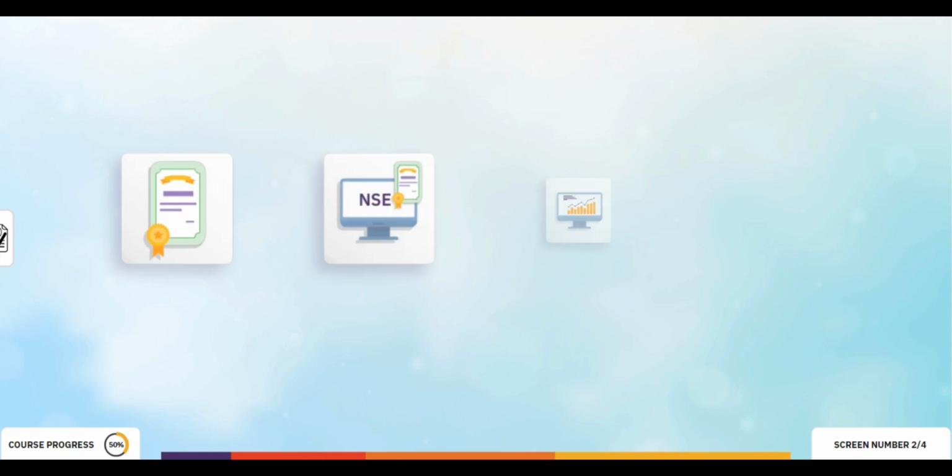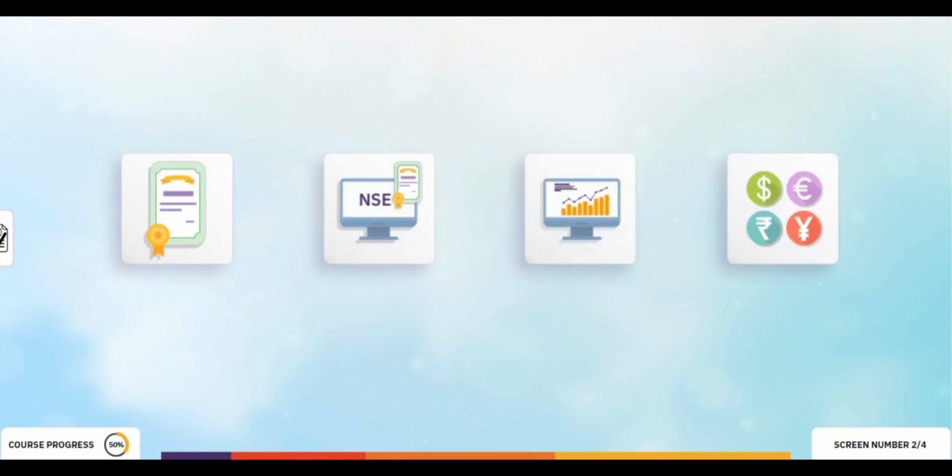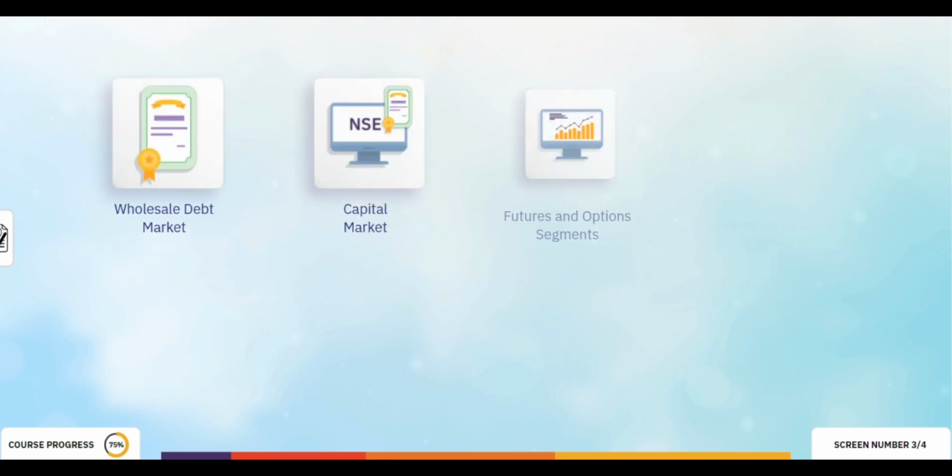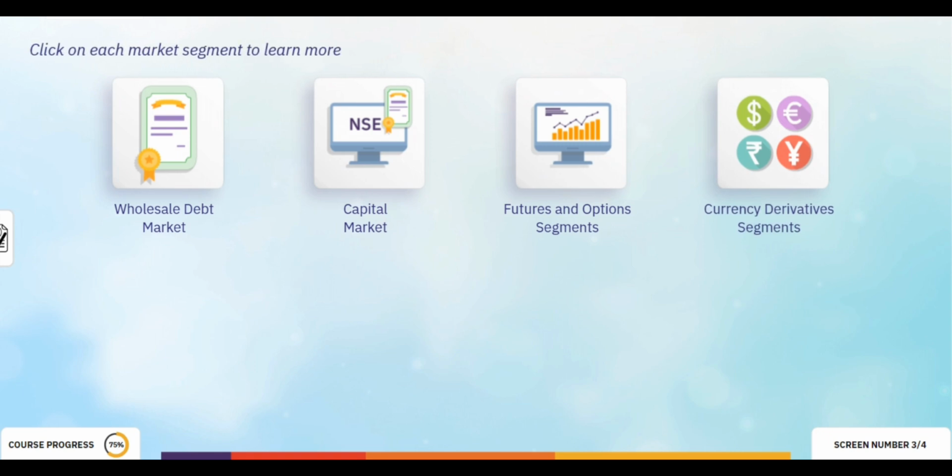The exchange, NSE, provides trading in 4 different segments: wholesale debt market, capital market, futures and options segments, and currency derivatives segments. Click on each market segment to learn more.